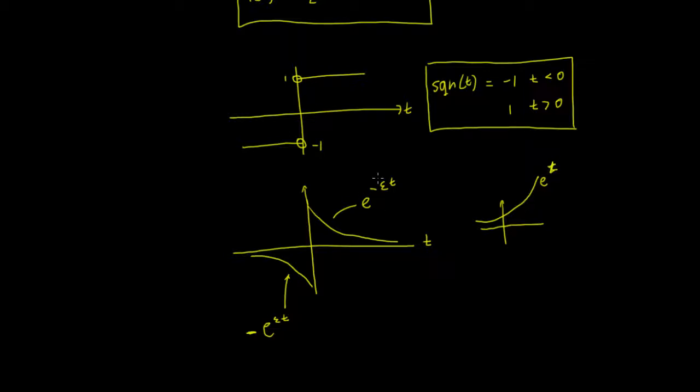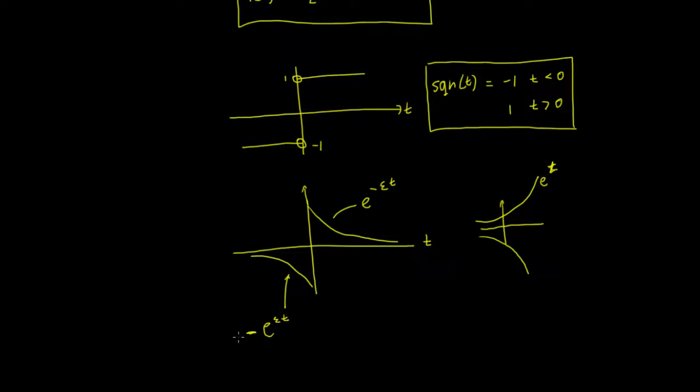All the factor epsilon does is change the scaling on this. If we look at e to the t, and if we take the negative of e to the t, that's equivalent to flipping this over the axis, so you get something that looks like this.